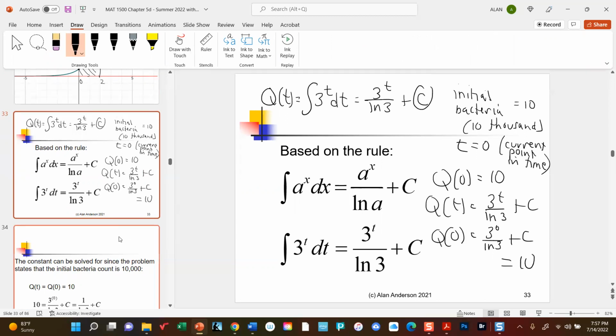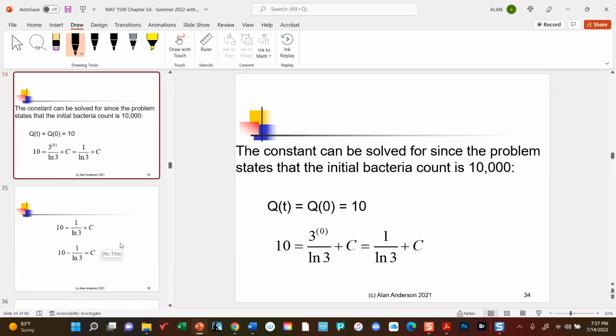All right, I got this written down here. It's a little bit neater. So let's jump down here. So this was the key to the whole thing. They're telling us that whatever this function is, it starts with 10 in the beginning. So that's saying that Q of 0 is 10. And here, if you notice, we're replacing the t with 0.